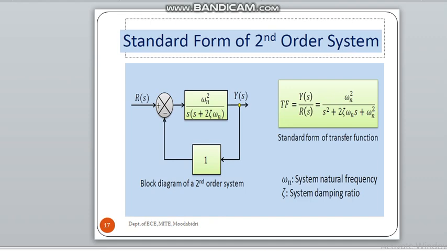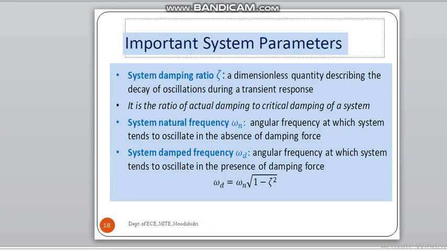Till now we studied s to the power 1, that is n equal to 1, so first order system. Now in this equation, omega n square divided by s square, here n is equal to 2, so that's why it is called a second order system. Next we'll see different parameters.